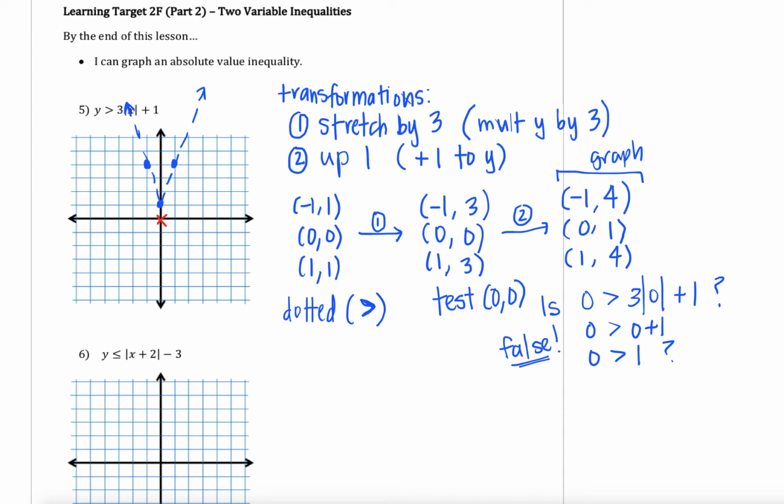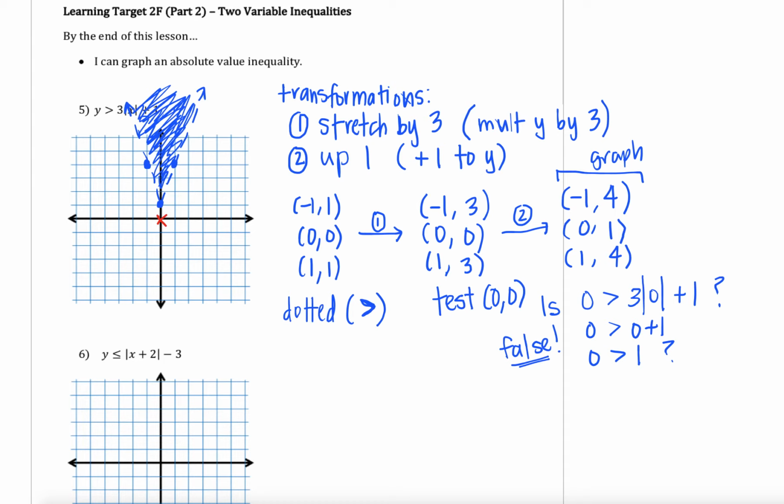I'm either inside the V, which I like to think about as the pizza slice, or I'm on the rest of the coordinate plane, which would be the whole rest of the pizza. Since (0, 0) is on the majority part of the pizza, and I want to shade opposite (0, 0), my shading is going to happen inside the pizza slice, since I want to shade where (0, 0) is not. And so this whole area in here, that whole pizza slice, is going to get shaded.